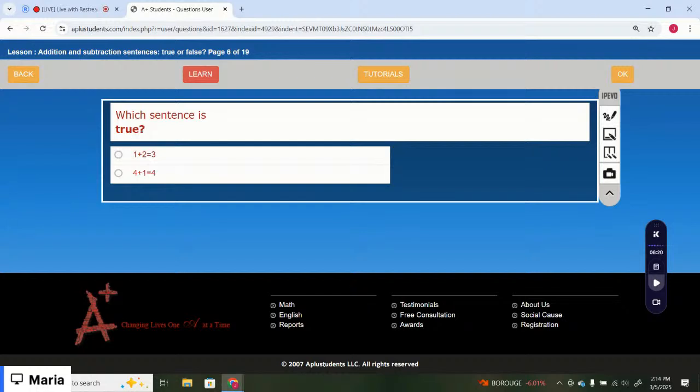Which sentence is true? 1 plus 2 equals 3 and 4 plus 1 equals 4. Which is the correct option? The correct option is option number 1. 1 plus 2 equals 3 is the correct one.